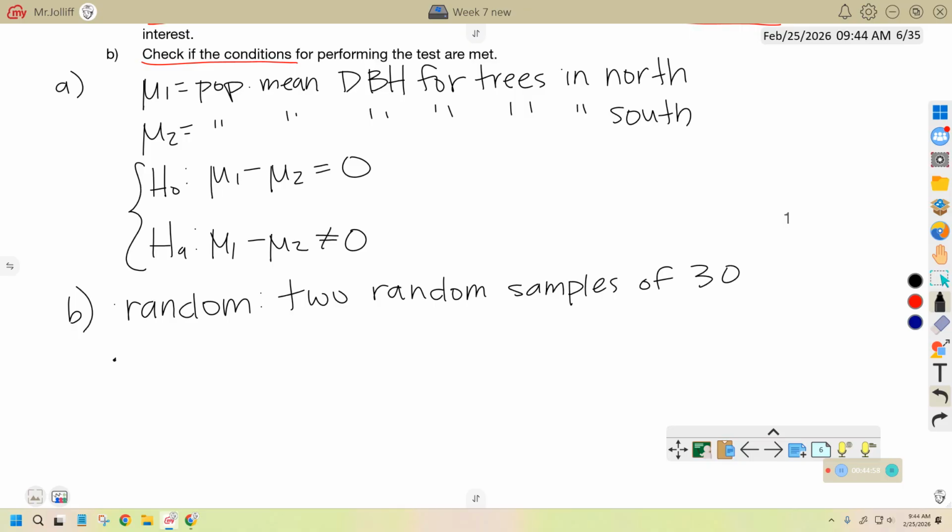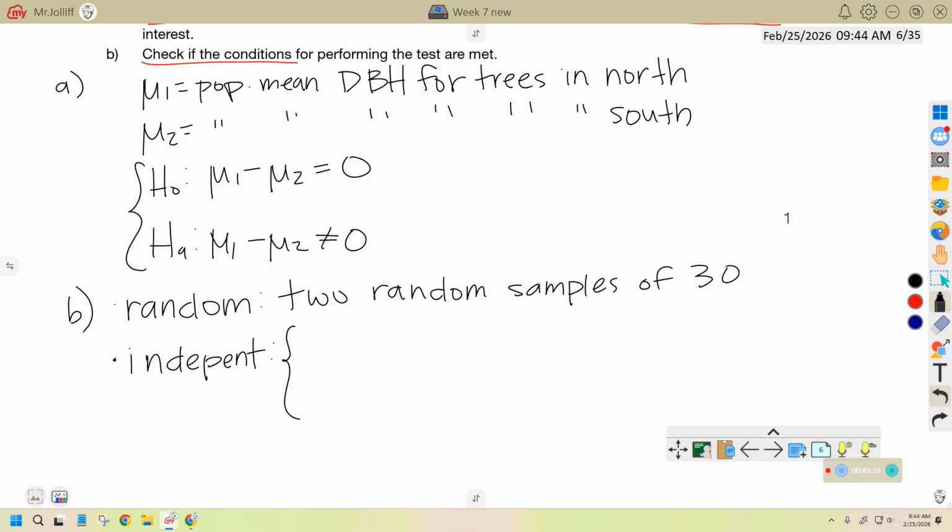Second check: it is independent. Very good. Because we did samples, I need to check the independence condition. And I heard 10% whispered, and I agree.